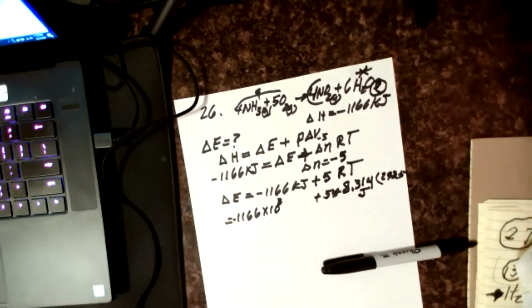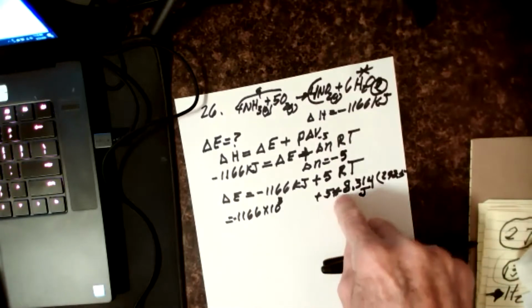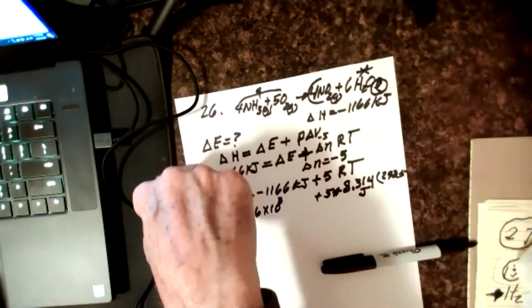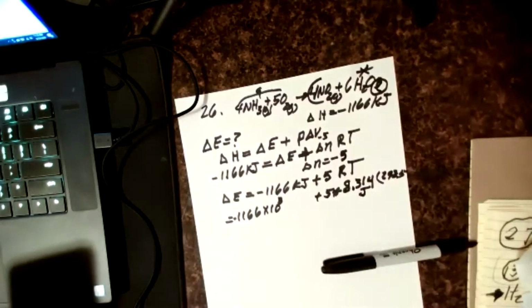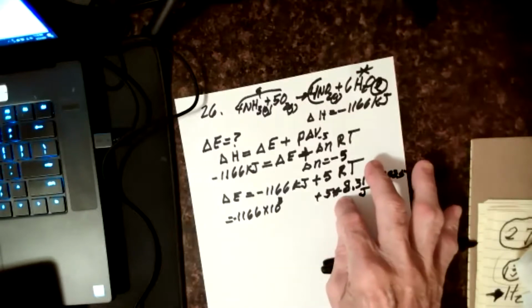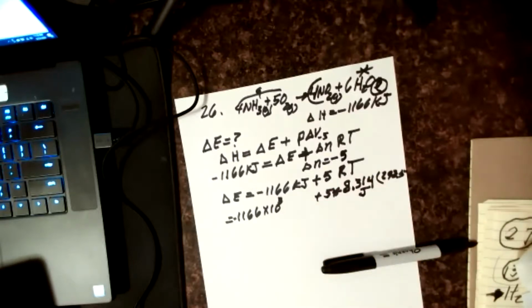So now let's do the math. This number is positive. Remember, I had a negative 5, but it moved across to the other side. It becomes plus 5 times 8.314 times 298.15. Now that's the number for this side. I need to subtract off minus 1166 times 10 to the third.